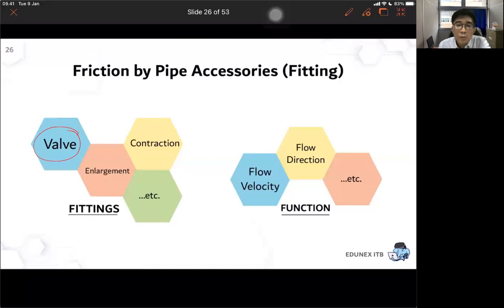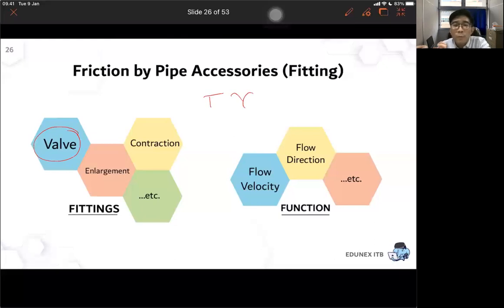It's used to adjust the flow velocity, or sometimes you put enlargement or contraction when you want to connect two pipes with different diameters. Or sometimes you put, you call it T or Y. It's because of the shape is like a T shape or Y shape. So this type of fitting is used to divide the flow.